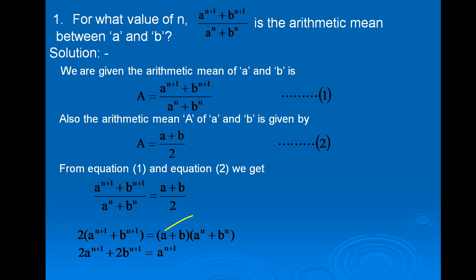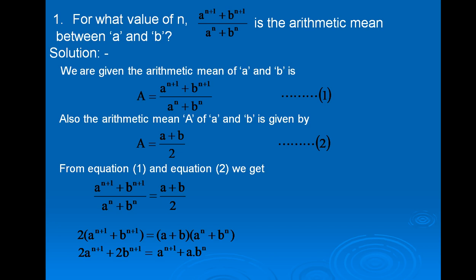Now multiply a with the second term b^n. We get a into b^n equals a b^n. So we get plus a b^n.